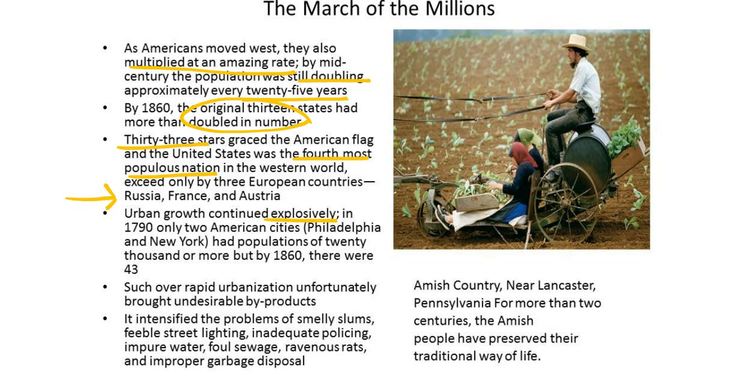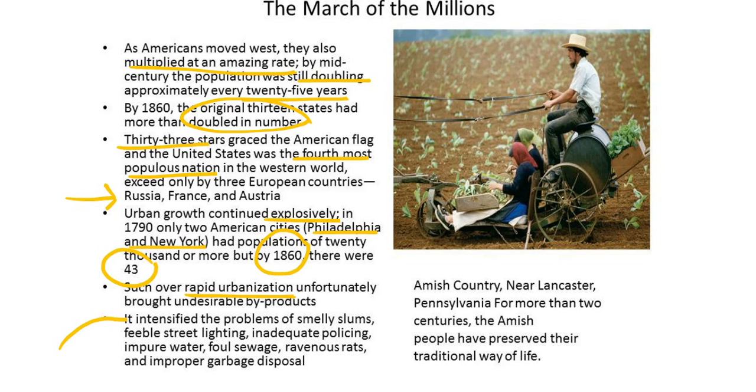Urban growth continued explosively. In 1790, only two American cities, Philadelphia and New York, had populations of 20,000 or more, but by 1860, at the beginning of the Civil War, there were 43 cities that had such populations. Such rapid urbanization unfortunately brought undesirable byproducts.